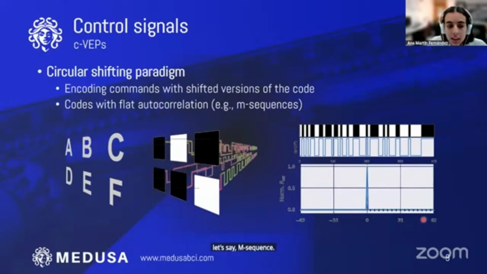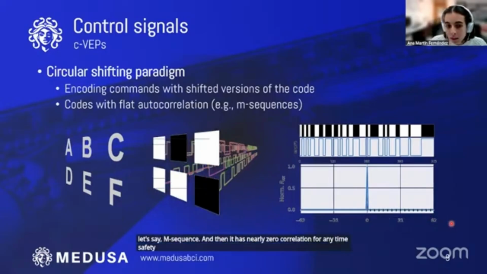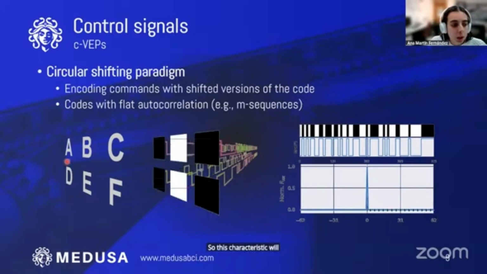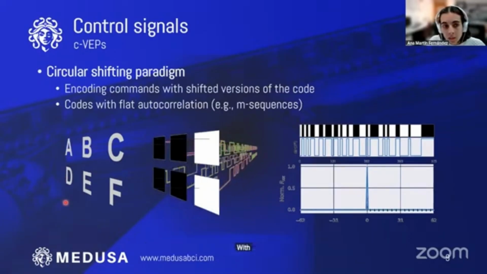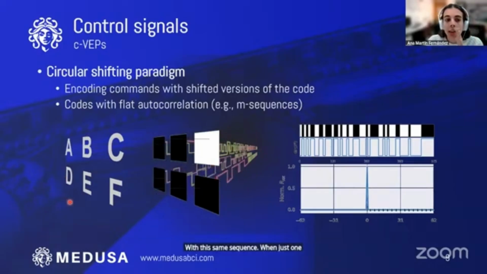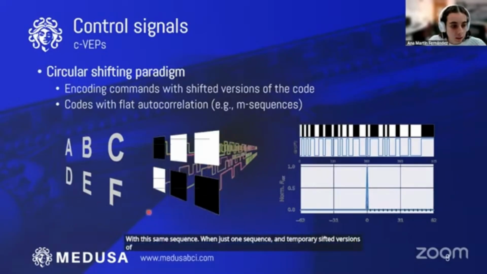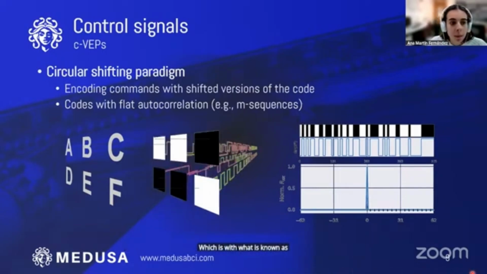And then it has nearly zero correlation for any time-shifted version of the same sequence. This characteristic allows us to encode multiple commands with just one sequence and temporally shifted versions of it, which is what is known as the circular shifting paradigm.